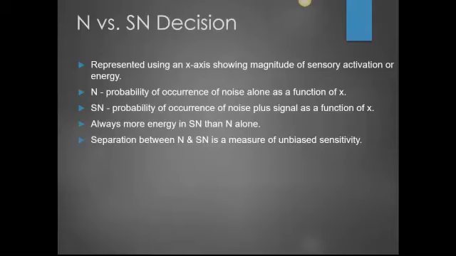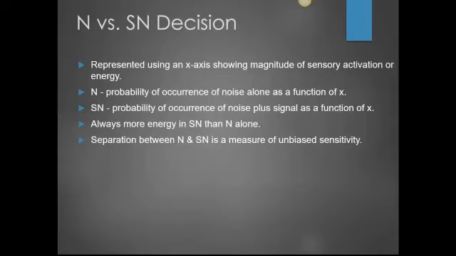So looking at the noise versus signal-plus-noise decision, it's represented along the x-axis showing the magnitude of sensory activation or energy. And the N, or the noise, is the probability of occurrence of noise alone. And then the signal plus noise is the probability of the occurrence of the noise plus the signal, like we talked about before.